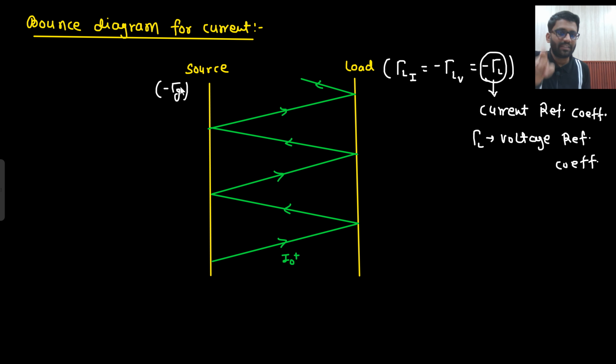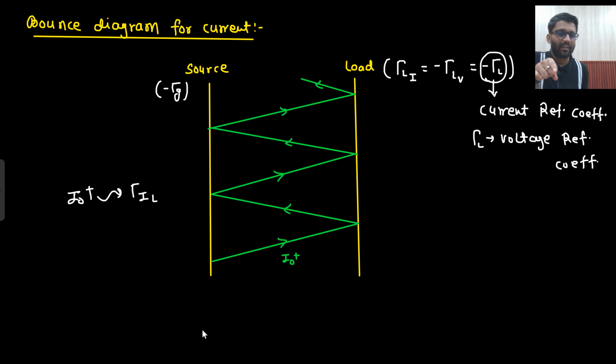Where gamma G stands for the voltage reflection coefficient at the source end, right? Are you getting this point? Everything I write, I will write with respect to the voltage reflection coefficient only. Is that clear to you? But I naught will be reflected with the current reflection coefficient at the load.